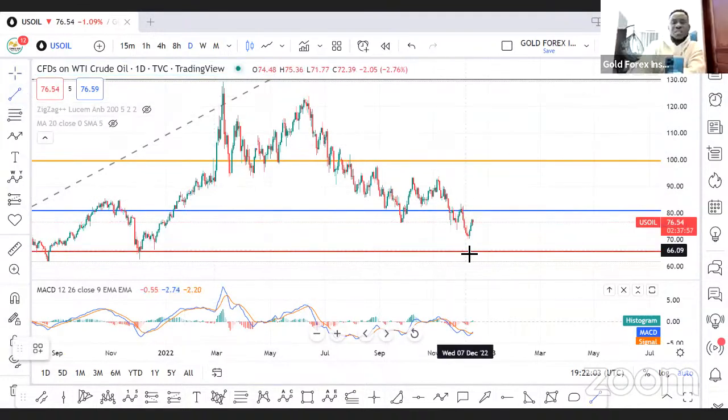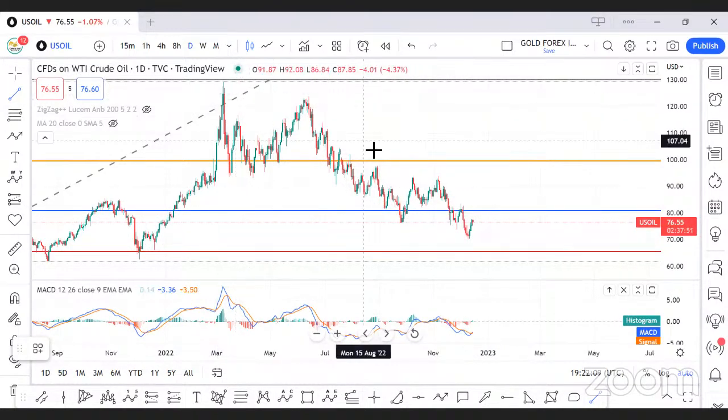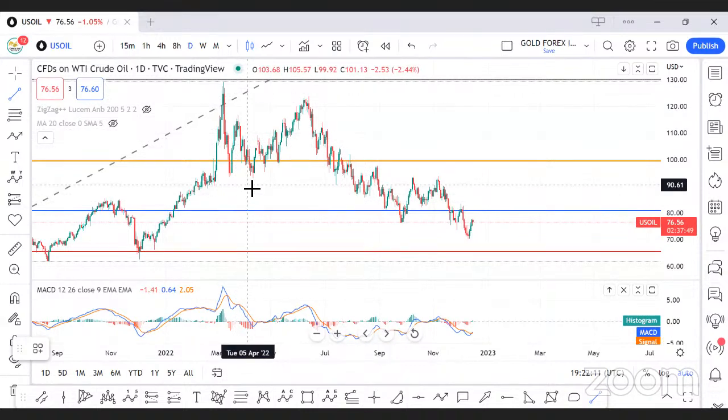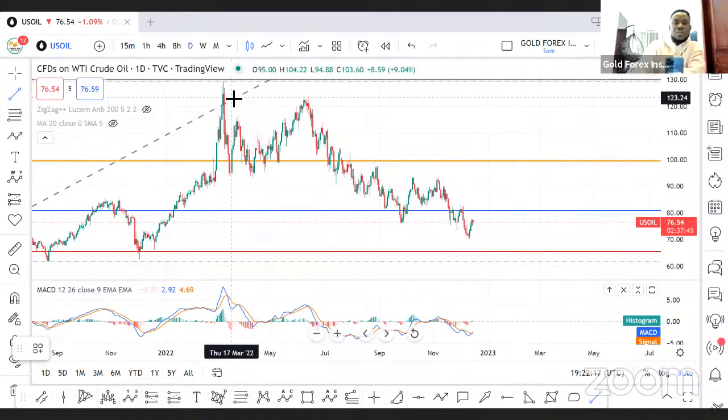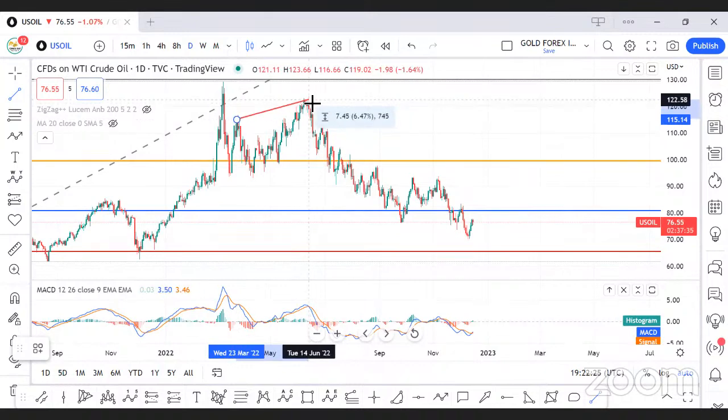Yeah, it's possible, because it looks like the low of wave 1 has been breached. If one counts 1, 2, 3, 4, 5, the low of wave 1 has been breached.